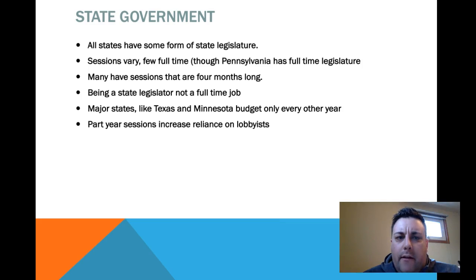We'll talk about that in the other lecture. Most states are not full-time legislatures. That means they have a defined legislative session, and for a lot of states, that's sometime in January or February of each year. It's very rare for representatives in state legislatures to do this full time. Most have other jobs.